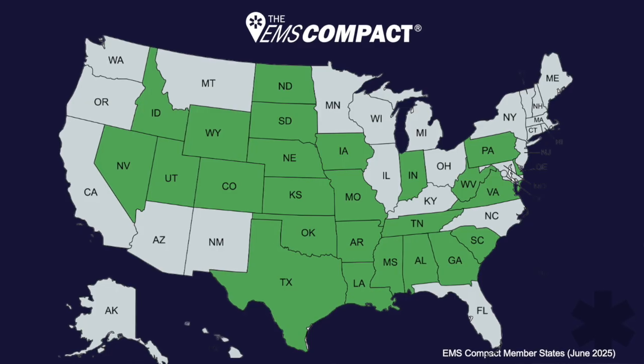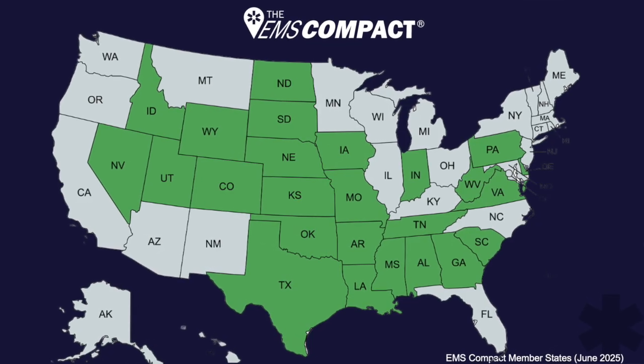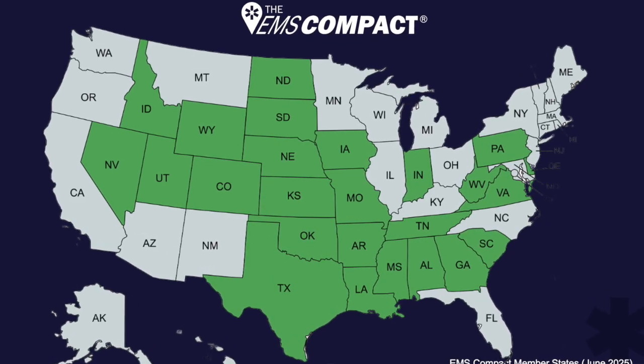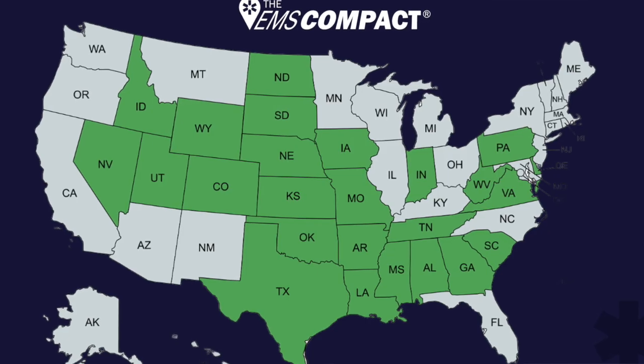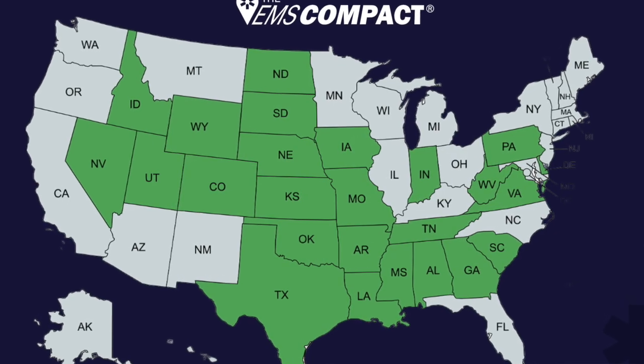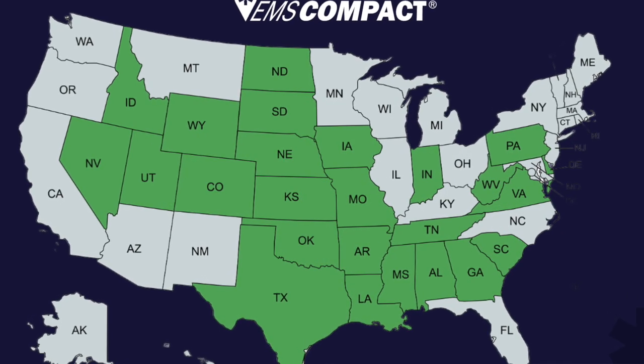These states have passed the law and are part of the EMS Compact. And you can see those on the map in front of you. Our vision is that in the next few years, hopefully we can get all 50 states, if not very close to all 50, as part of the EMS Compact.